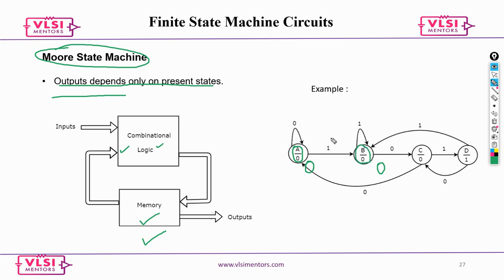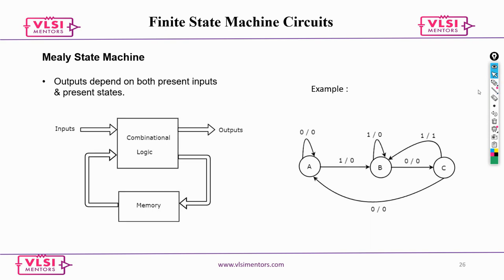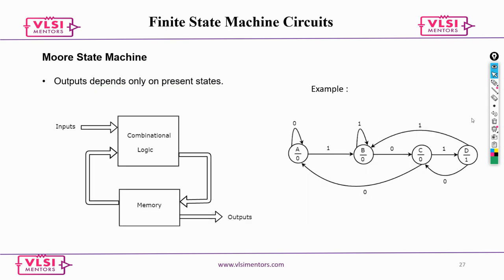So that means output depends only on the present state. Mealy means output depends on both present input and present state, whereas Moore depends only on the present state. That is the main difference.